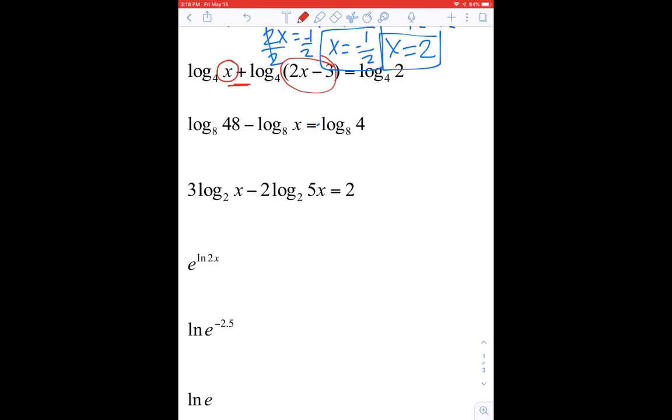So the first thing I'm going to do is, when there's a 3 in the front, you can put it back as an exponent over here. So we can rewrite this as log base 2 of x to the third, and then we can also write this as an exponent.